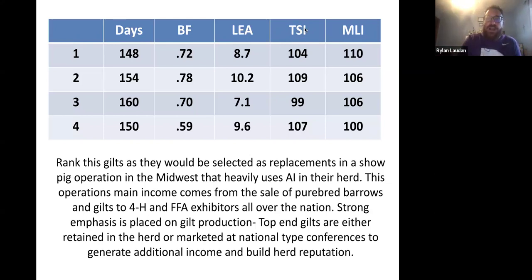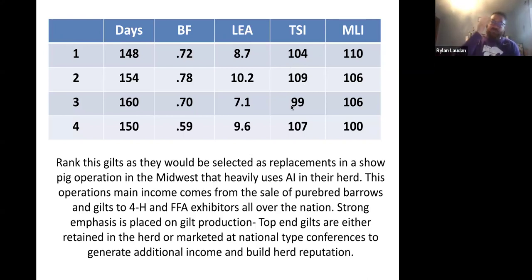So looking here, I want TSI to be high. So I'm looking at number 4. Number 4 has high TSI. Oh, sorry, excuse me. Number 2. Number 2 is my best for TSI. Okay, I'm going to circle number 2. And number 3 is my worst for TSI.